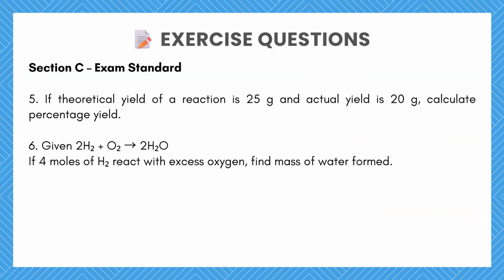The third set of questions starts off by saying, if the theoretical yield of a reaction is 25 and the actual yield is 20, calculate the percentage yield, okay? Now the percentage yield of any reaction is equal to the actual yield divided by the theoretical yield, everything multiplied by 100.